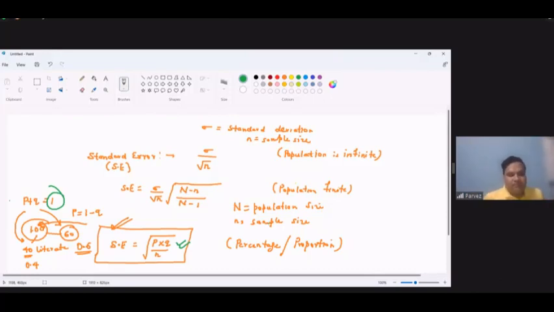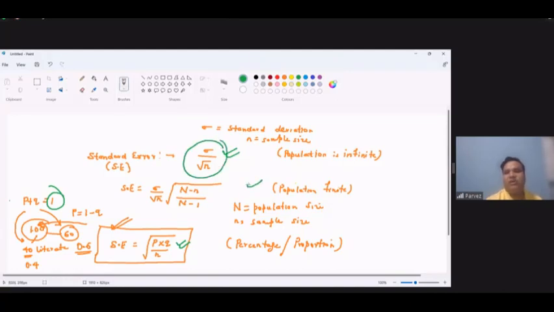Yes, sir. Again, I'm just repeating once, listen carefully. This formula will be used when population size is not given. They'll just say a sample of 10 I have selected, which means we don't know the population size, so I'll use this formula.